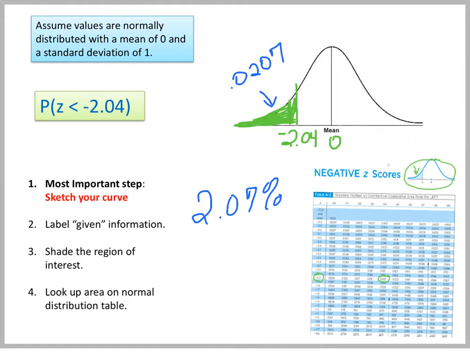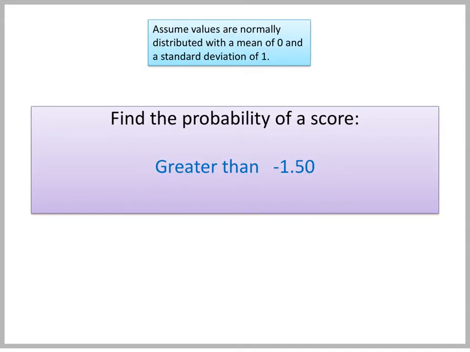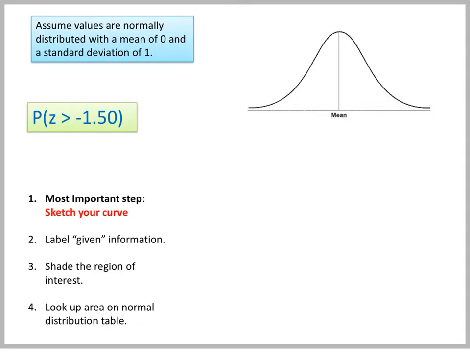Let's try another example. Again, assume the values are normally distributed with a mean of 0 and a standard deviation of 1. Let's find the probability of a score greater than negative 1.50. As always, the most important step is to sketch your curve. And this is a problem where you're going to see why this is extremely important.